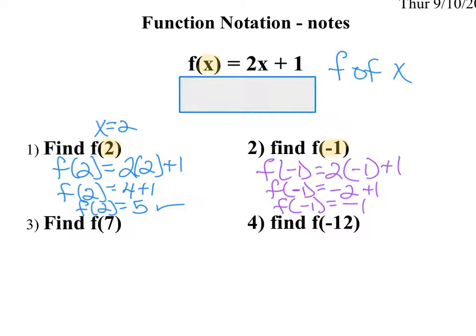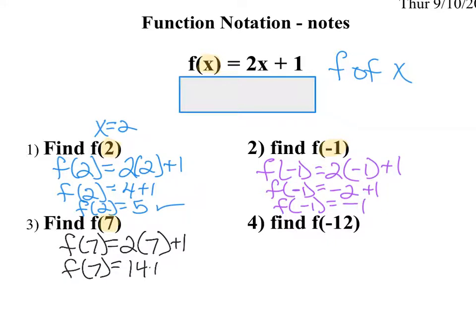On number 3, I now have f of 7. Notice the 7 is now where the x goes. So I'm going to do f of 7. And now I'm going to plug in a 7 for the x. And now I'm going to solve or evaluate. 2 times 7 is 14. 14 plus 1 is 15.